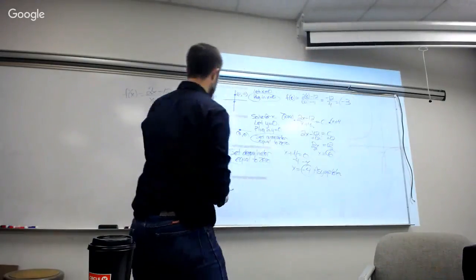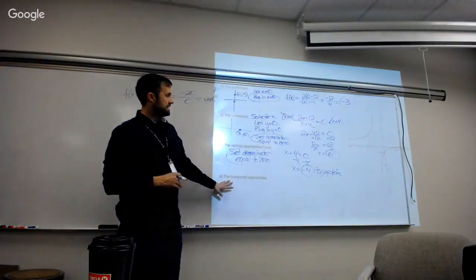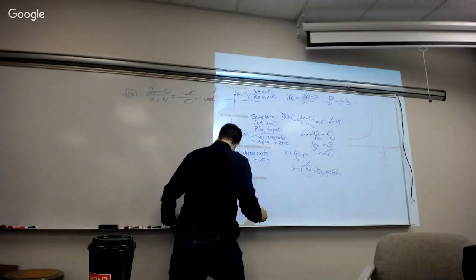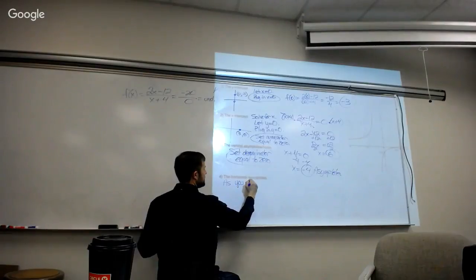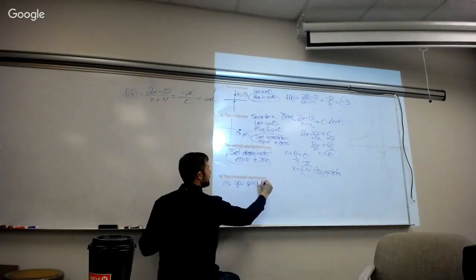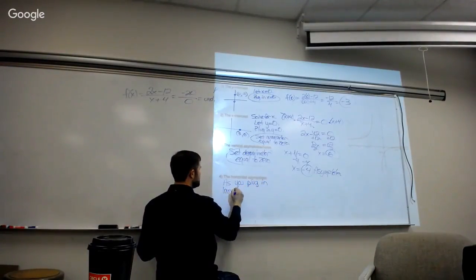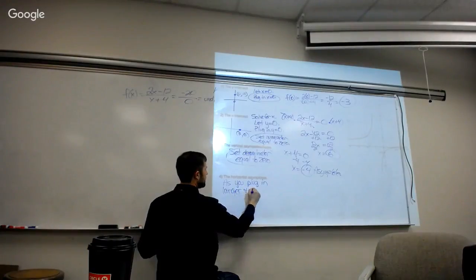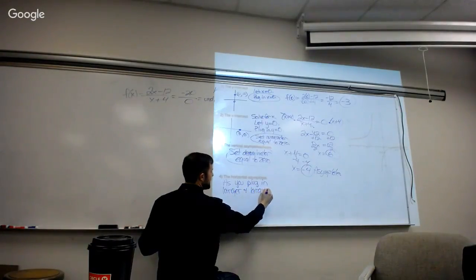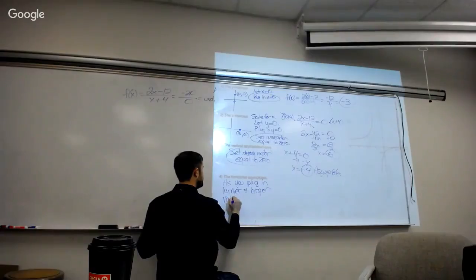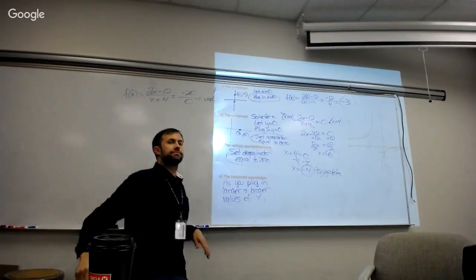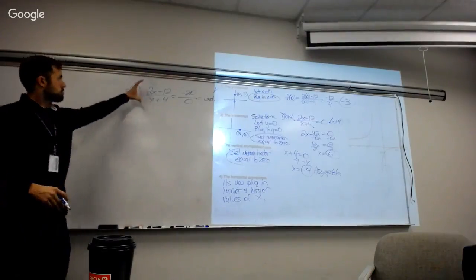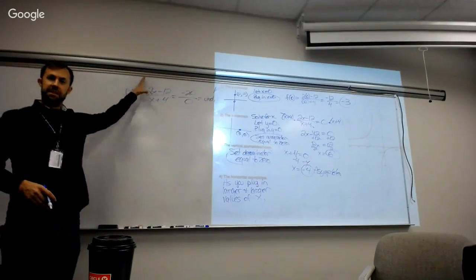All right. A horizontal asymptote, what does it mean? As you plug in larger and larger values of x, what? Did someone say on average?